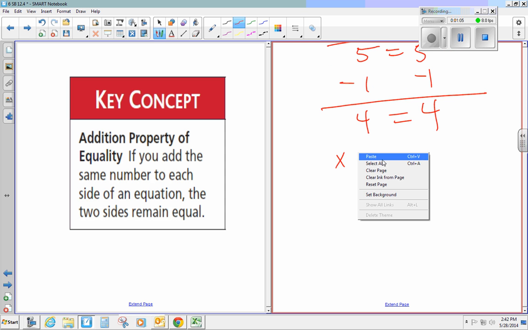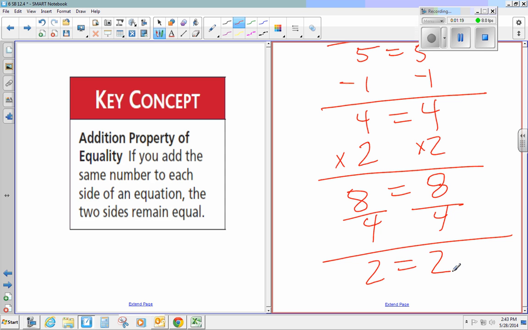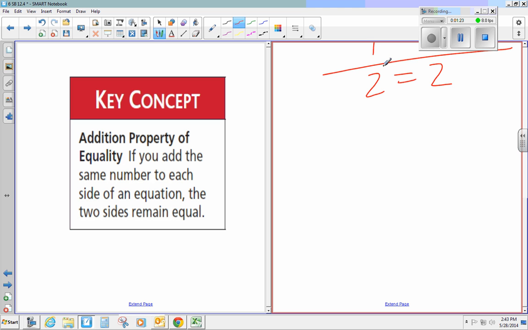You could even multiply by 2 on both sides, and the equality is still the same. You could divide by 4, and the equality is still the same. You could even raise it to a power, 2 squared. You could square both sides, and the equality is still the same.